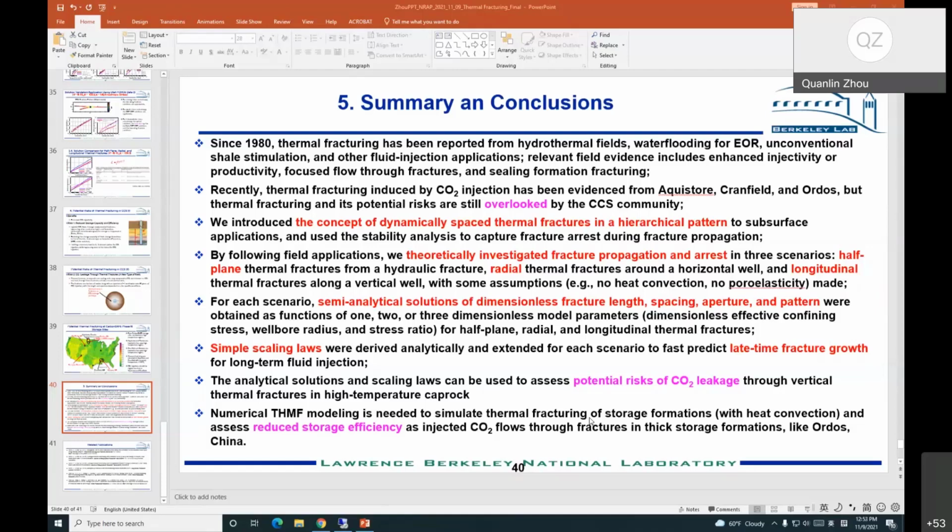Right now, it seems there are no reported analogs for that part. But we see from the processes, if the caprock temperature is very high, we may have trouble. But from the field, of course, that's case by case, site by site.